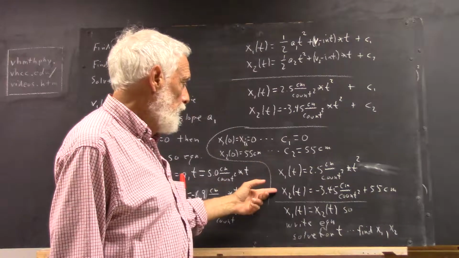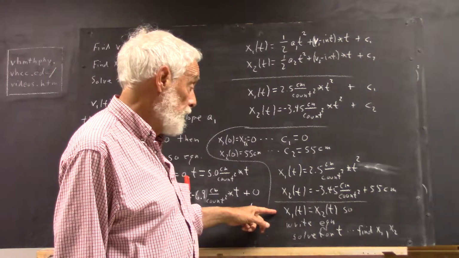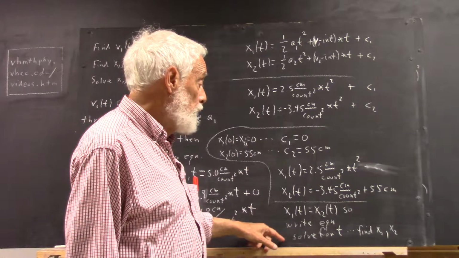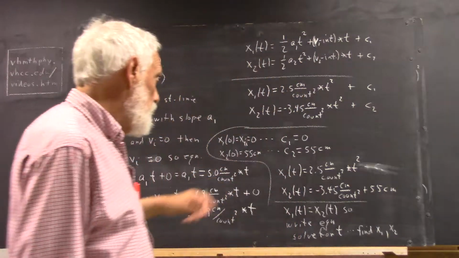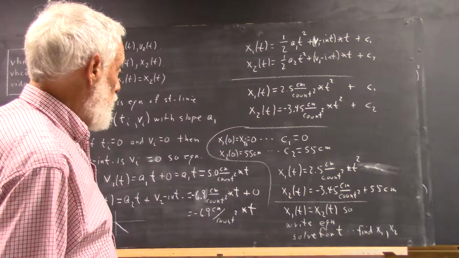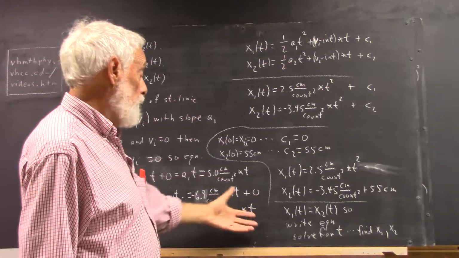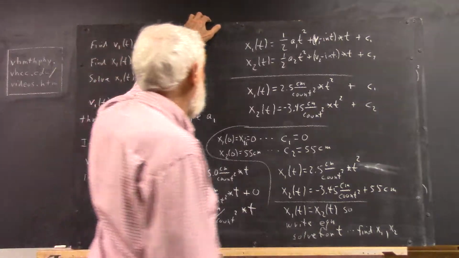And now here are the two x of t functions, so the task was set the two equal, write the equation, solve for t, find x1 and x2, and we'll also find v1 and v2. Now that's for this data, and then you're asked to do it for your own data.